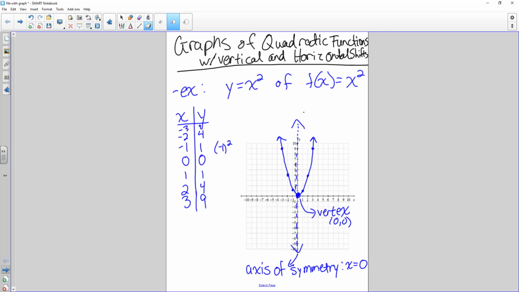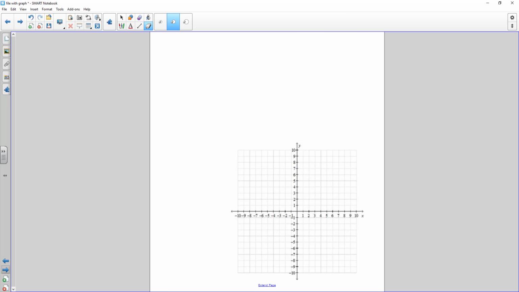Now let's look at what happens if I put a number in here. We're going to graph f of x equals x squared plus 3. Let's look at what happens with this example.